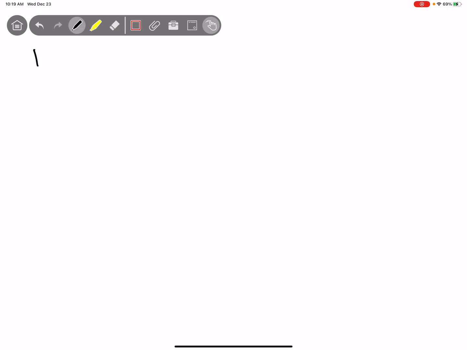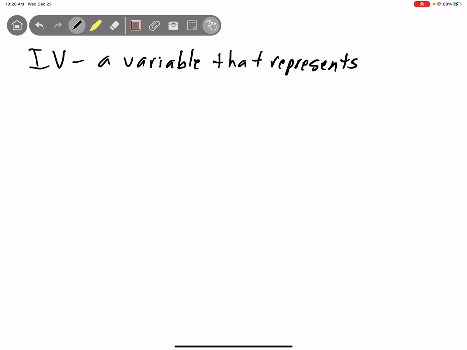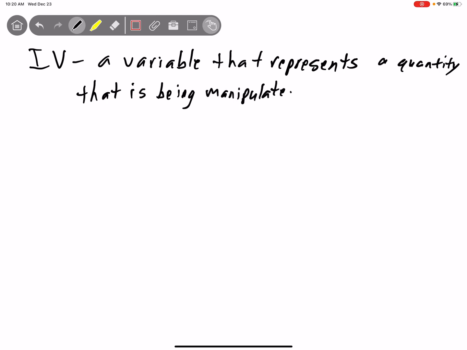Okay, so an independent variable, which I'm going to call IV, is a variable that represents a quantity that is being manipulated in an experiment.